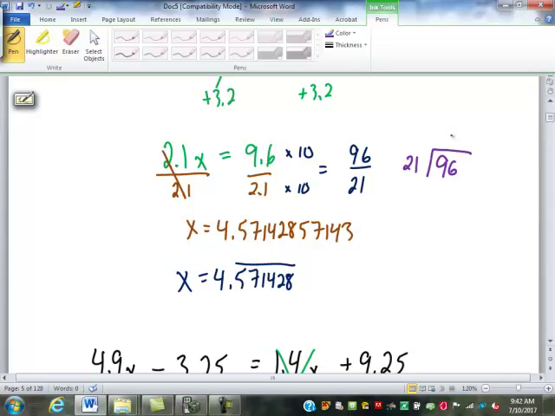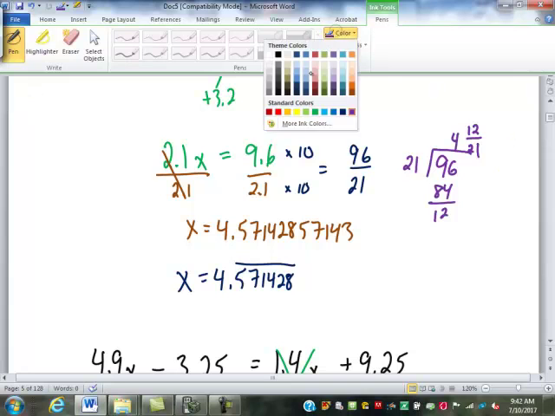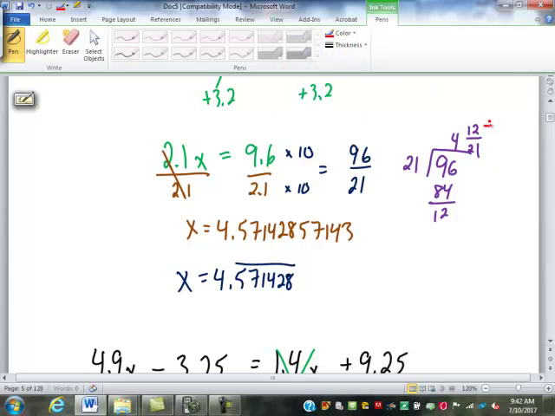Twenty-one goes into 96 4 times. That would be 84, with 12 left over. So that's 4 and 12/21. Well, 12 and 21 can both be reduced by 3. So that's 4 and 4/7.